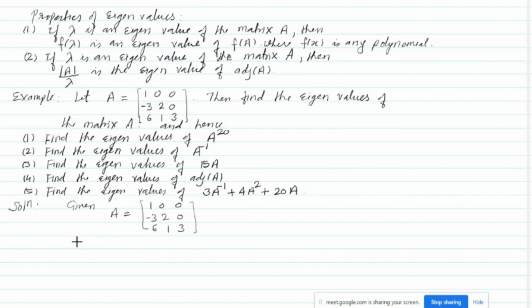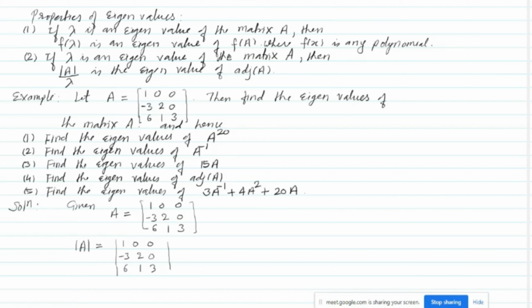Okay, this matrix is given to you, and I have to find out the eigenvalues. We first find the determinant of this matrix: 1 0 0, minus 3 2 0, 6 1 3.